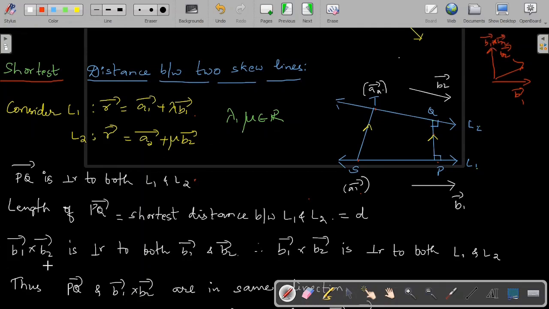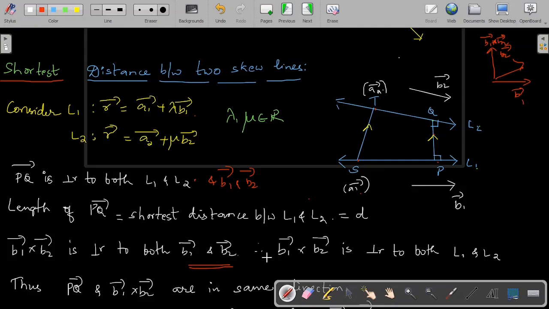Therefore, b1 cross b2 vector is perpendicular to both b1 vector and b2 vector. But we already have PQ vector perpendicular to B1 vector and B2 vector, whereas B1 vector cross B2 vector is also perpendicular to both B1 and B2 vector.